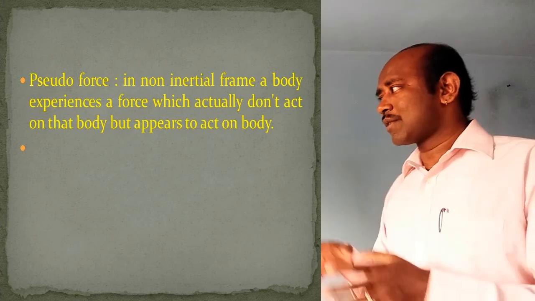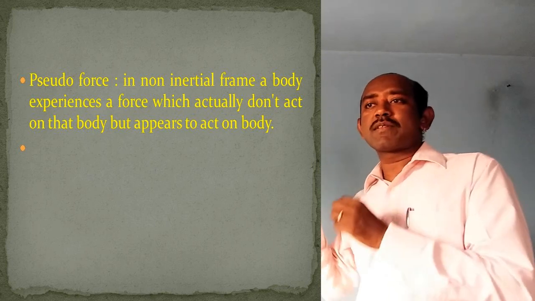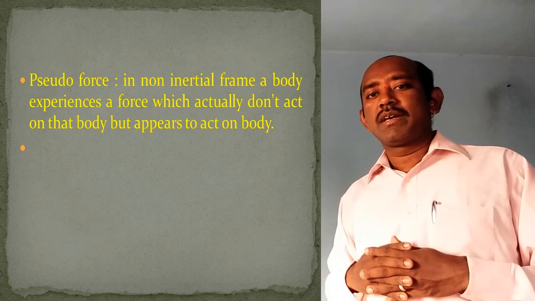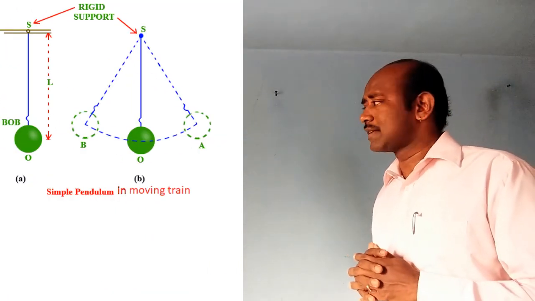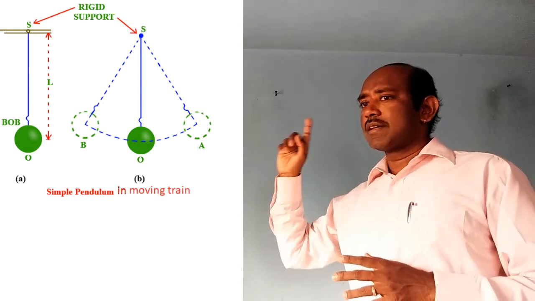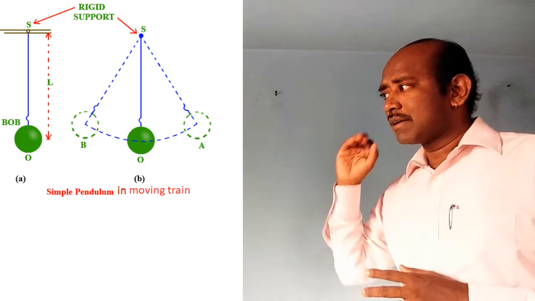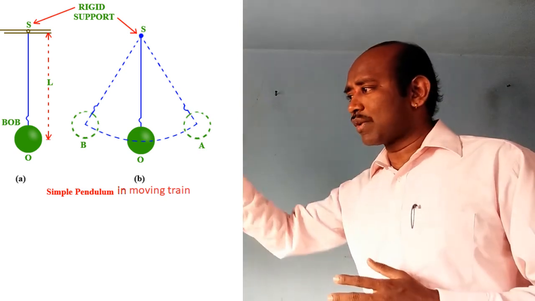A pseudo force or a fictitious force does not exist, but it appears to exist in the non-inertial frame of reference. Here, why are we getting the negative sign in that equation? The force is an imaginary force, but we have an acceleration and that pseudo force.